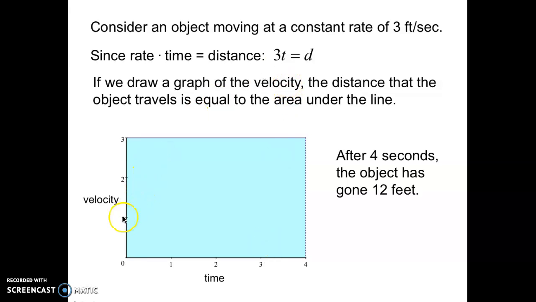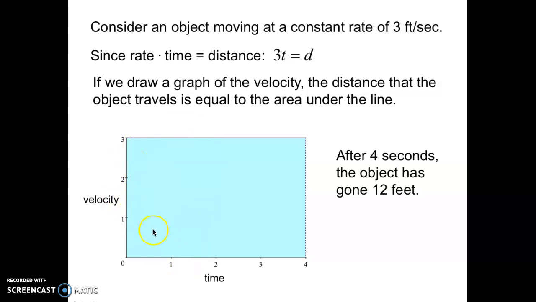So we notice that if I move for 1 second, I know I've moved 3 times 1, or 3 feet. If I move for 2 seconds, then I know I'm moving 2 times 3, or 6 feet. And notice each one of these things will be equivalent to the area between the derivative curve, the velocity curve, and the x-axis.